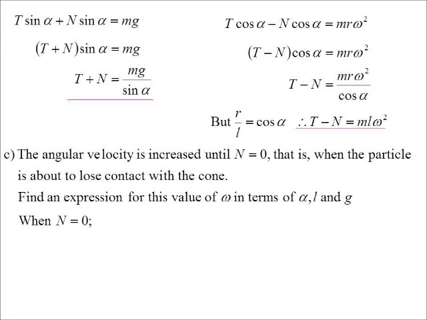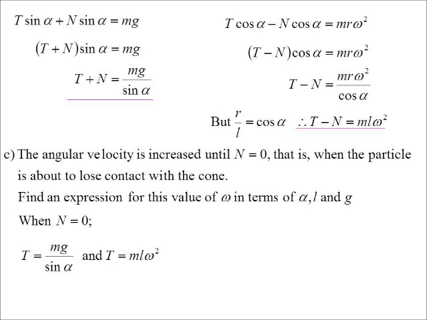We're now going to find an expression for this value in terms of the angle, the length of the string, and gravity. Well, if n equals 0, I can simplify the two expressions that we just worked out. So now I know the tension will just be mg on sine alpha, but it'll also be ml omega squared.